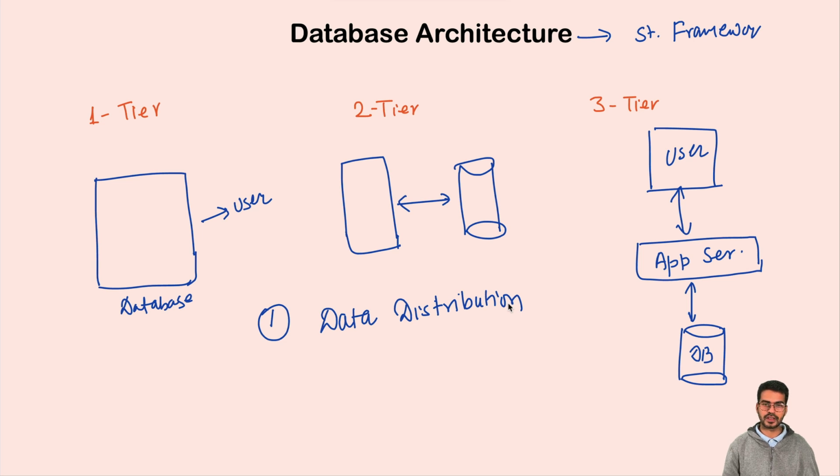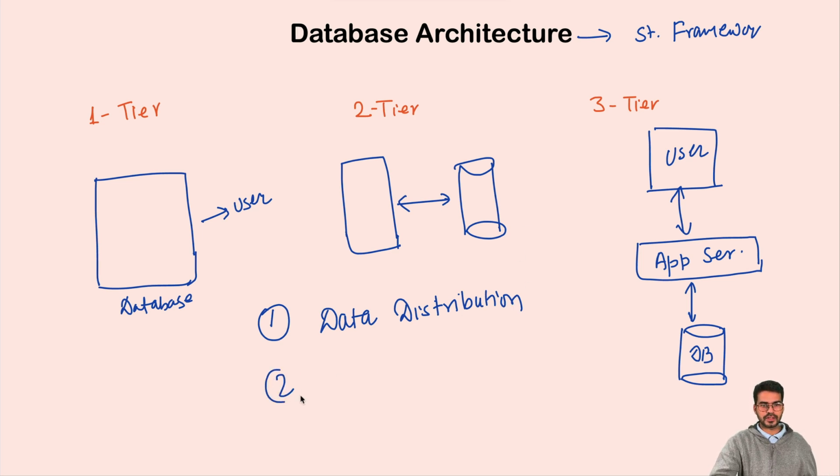For instance, in Europe, you have the GDPR law, and a lot of countries are coming up with their data privacy laws. So this forces database engineers to design a system where data can be distributed at different locations for a single application.